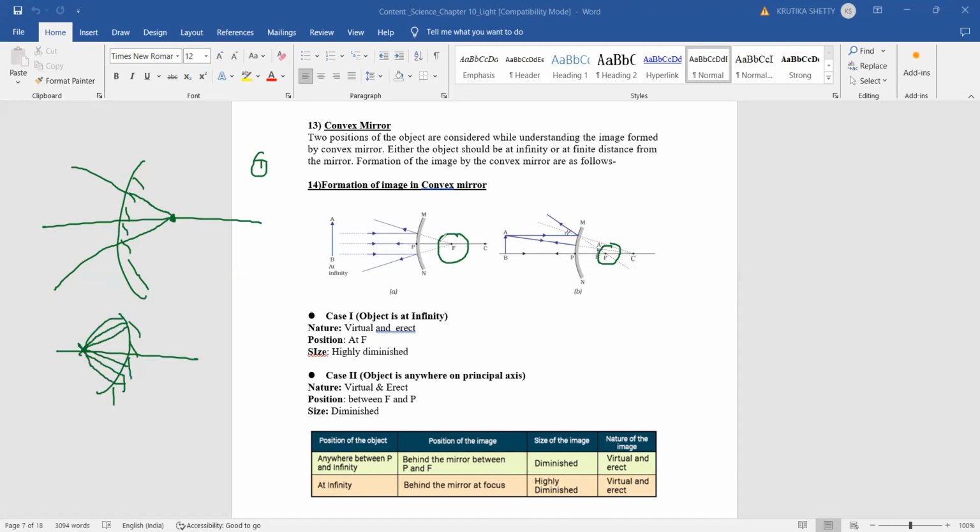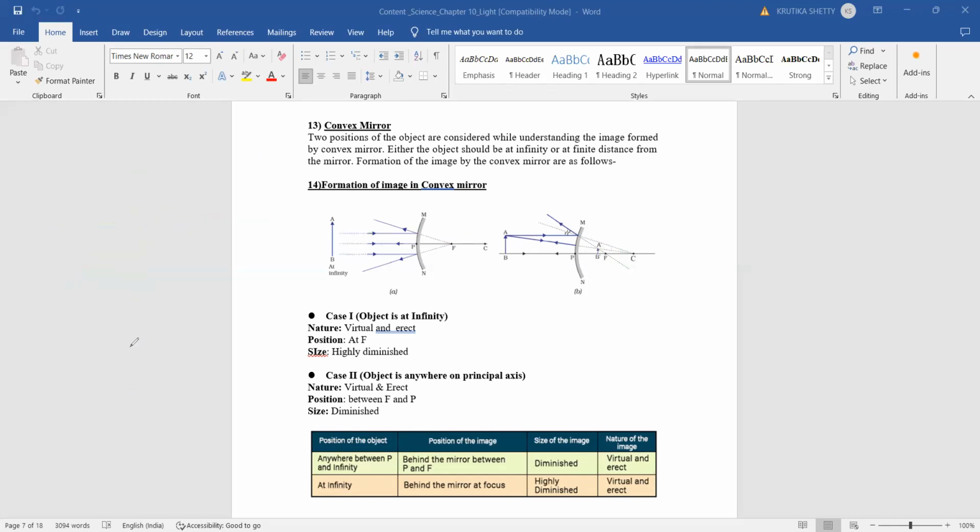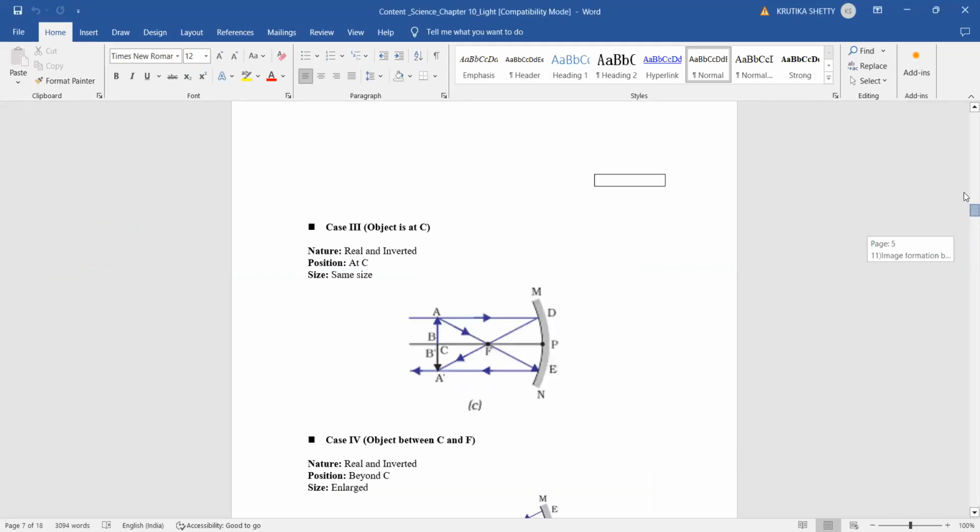That point is called what? Principal focus. So how to define it? The principal focus is the point on the principal axis from where the reflected rays appear to converge or appear to diverge. That is called what? Principal focus. So if you want, once again, here we will see the textbook definition.